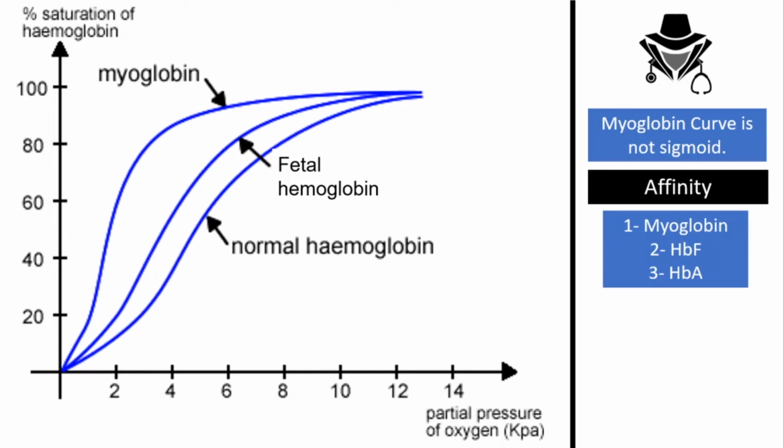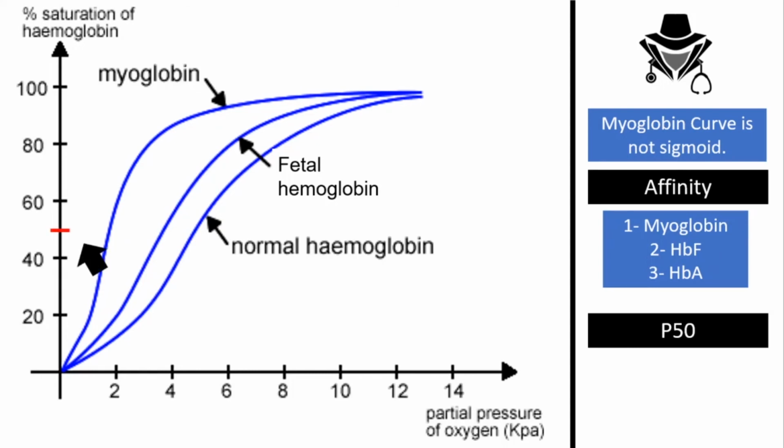Another concept we need to tackle is P50. P50 is the pressure of oxygen where 50% of hemoglobin is saturated. That will correspond to this part of the diagram. If we want to draw it, around 50%, we want to see what is the concentration of oxygen in these curves.